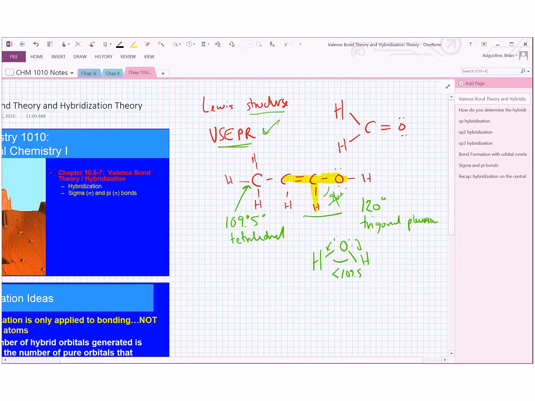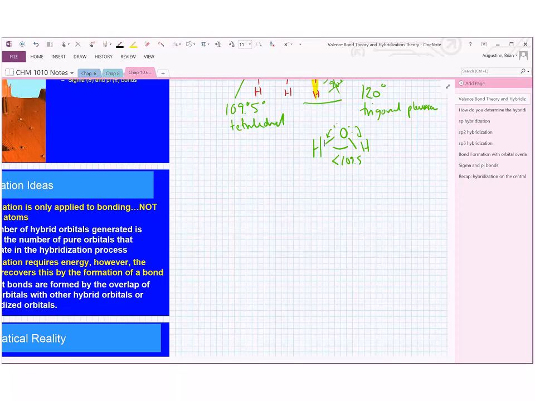All right, good model. But the model begins to break down when we start looking at things a little more carefully. So let's take a look at this molecule compared to this molecule. Okay, we know that both of these exist. That's fluorine, that's a gas. This is hydrogen, that's a gas.